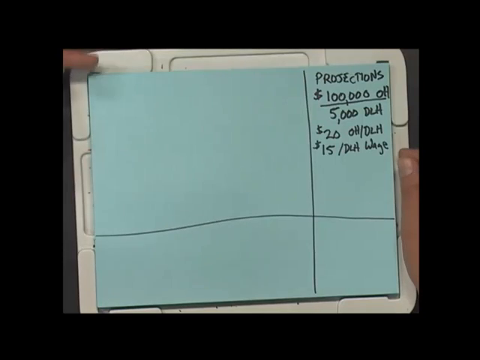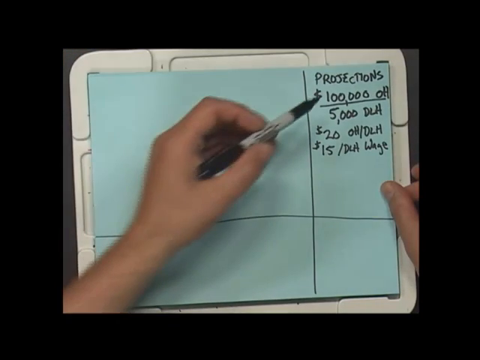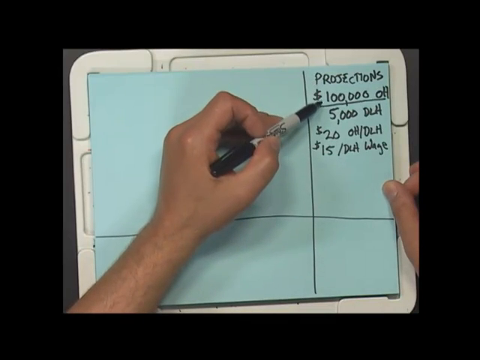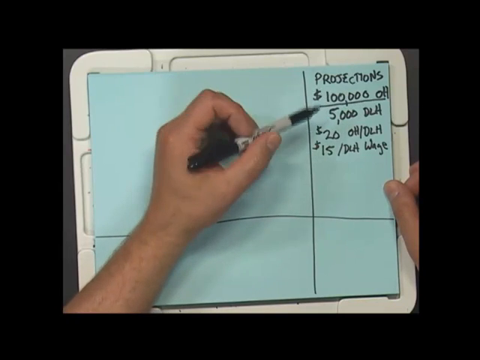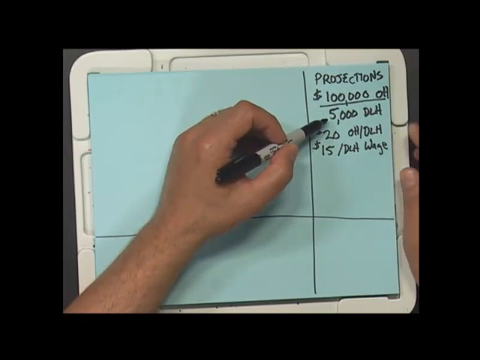What we're going to do with this video is pick up where we left off on the last video about applying overhead. I've already written down the assumptions that we have in our simple little glove business here. For this month, we project $100,000 of overhead, and we have an activity base of 5,000 direct labor hours.